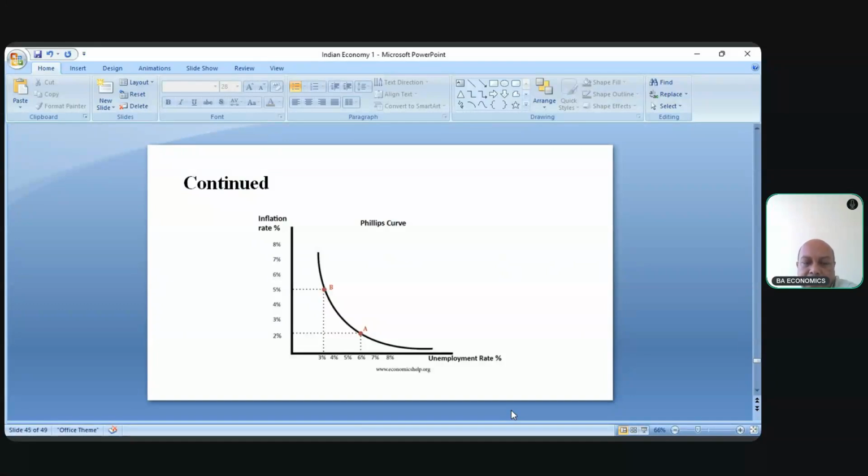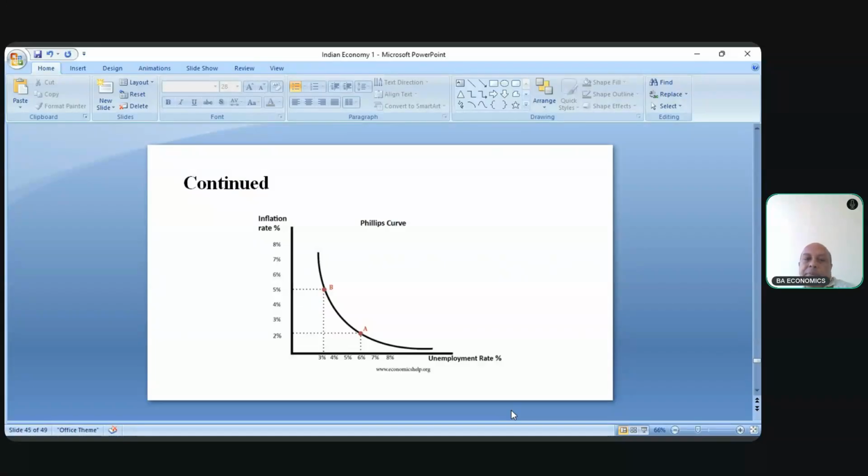So here you can easily identify that the relation is inverse. When the inflation rate increases, then the unemployment rate will decline. But when the inflation rate declines, then the unemployment rate will increase. So it shows the relation between the inflation rate and the unemployment rate.